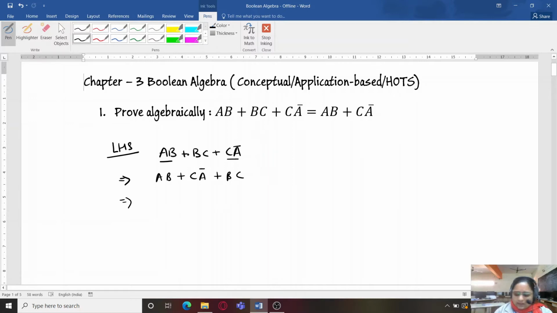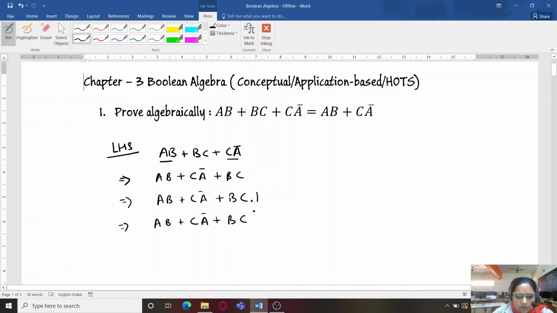Now we will add the missing term to BC. We know that if I write BC as BC dot 1, I get the same term, BC.